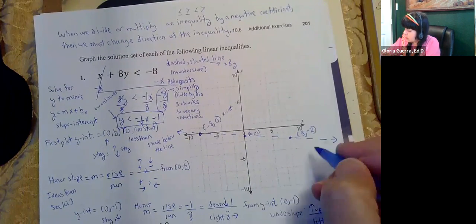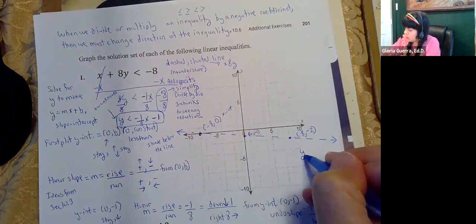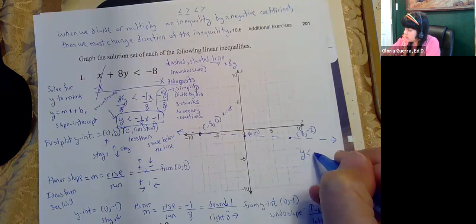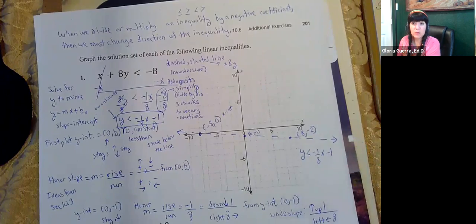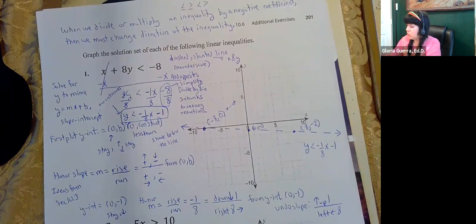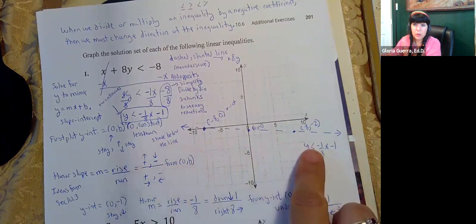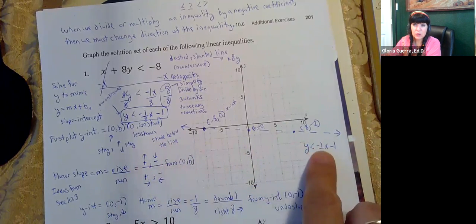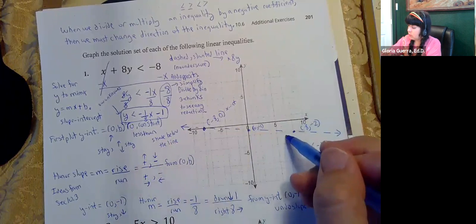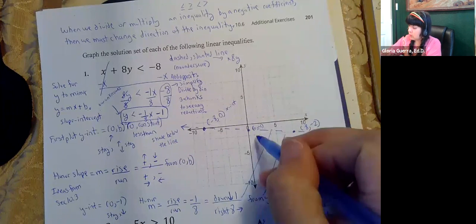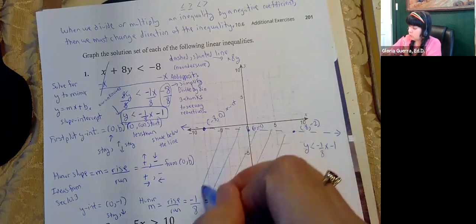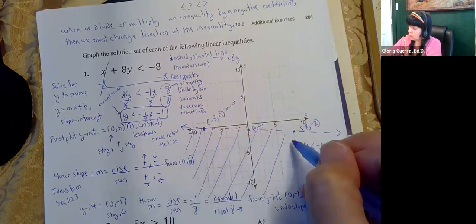And the name of this line, it's an inequality, is y is less than -1/8x minus 1. That would be the name of it. And remember, you have to shade. Remember, it's less than this. Your unknowns are less than this line. And here's your line. So less than means you have to shade below the line, not above it.